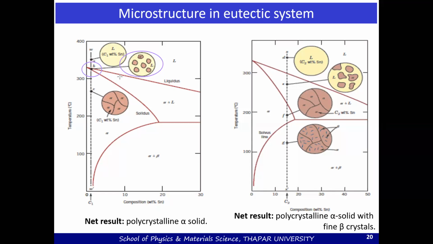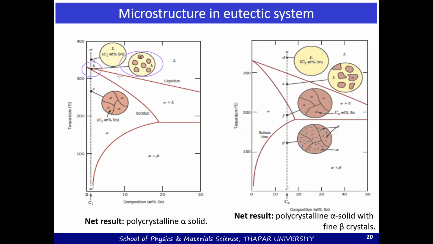As far as the concentration is concerned, since the solidus line and liquidus line merge at the same point where point B is marked, the concentration of the liquid and solid will be the same. Otherwise we would have to draw the tie line. But here there is no space available for the tie line because the solidus line and the liquidus line both merge at point B. So the concentration of liquid and solid will be the same, and it will be C1.